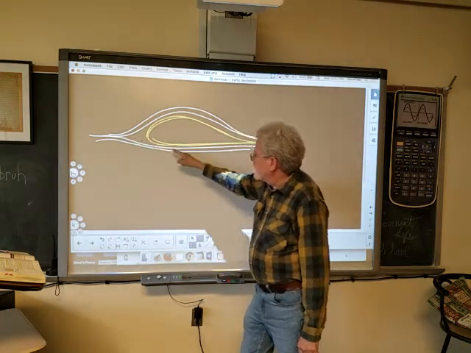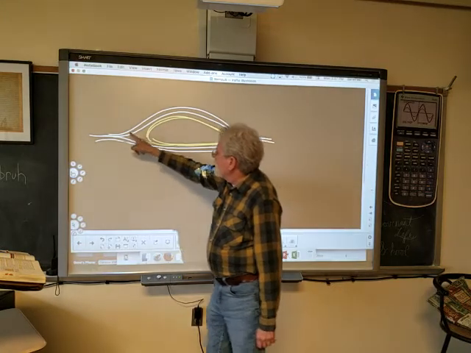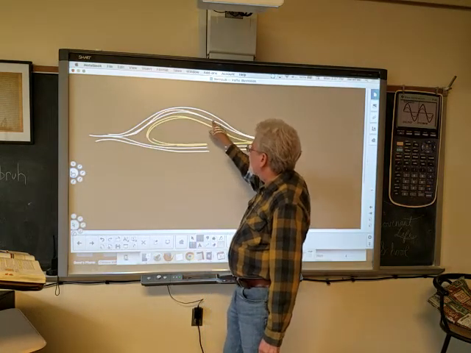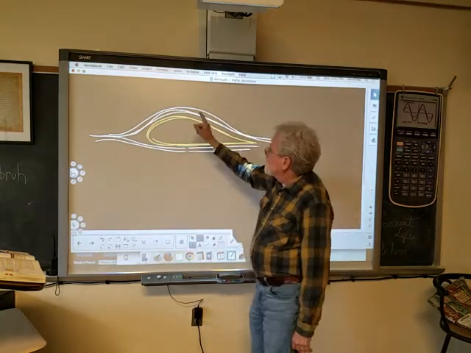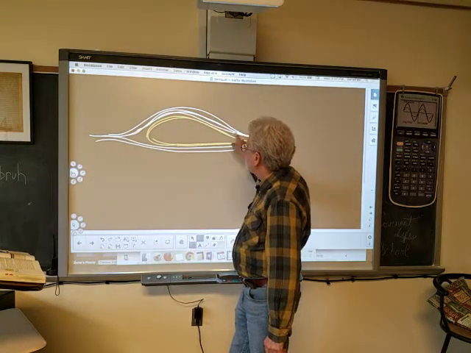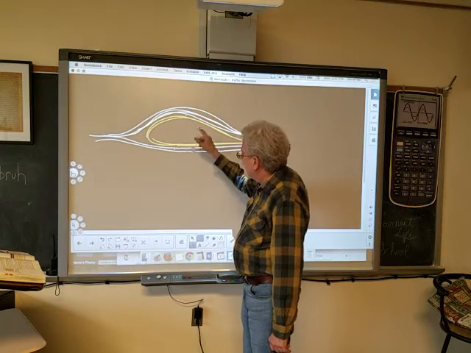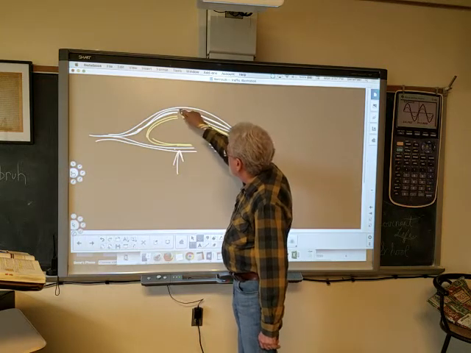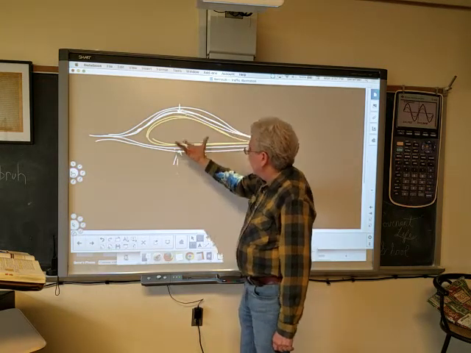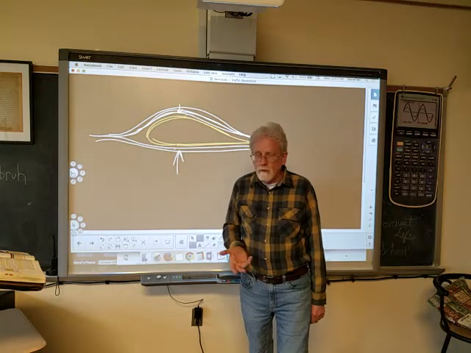This air is going a shorter distance. Therefore, this air is actually moving a little faster across the surface. Well, if this air is moving faster, there's lower pressure up there. There's higher pressure down here. Who wins? Well, the high pressure wins over the low pressure, so there's an upward force, the Bernoulli principle.